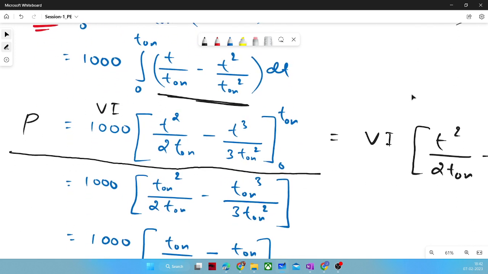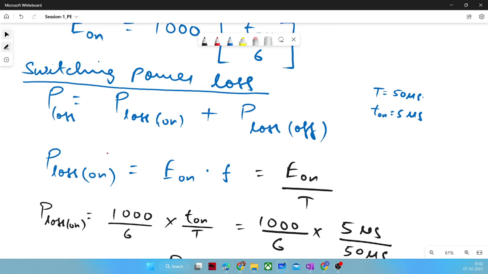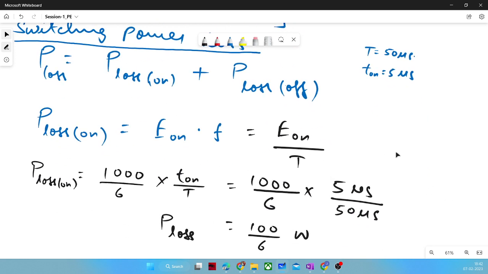So I did integration, so I obtained energy loss during on transition, and then I divided it with the switching time period. And with this division, we got power loss. Okay, so we got power loss for on transition of switching.